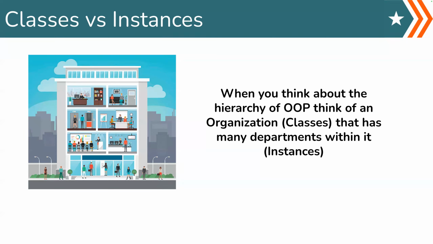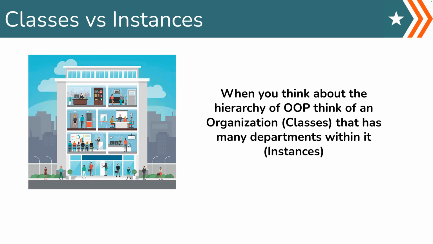And so you could think of each individual apartment as an instance of a class. But the apartment building has a lobby, right? The apartment building has a basement where the laundry is. It has the roof, the fire escape, and it has, I don't know, the apartment manager's office or something. So it has a couple rooms that are unique to the building. And that's kind of like what class attributes or class methods are.